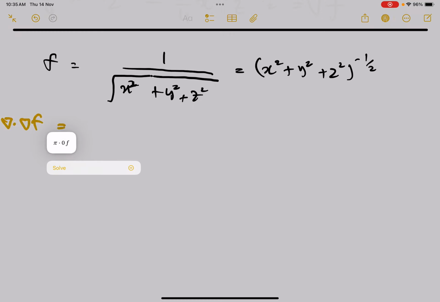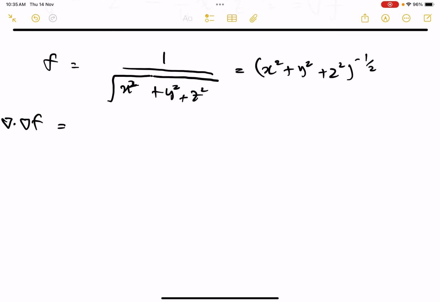So the first part is negative half, and so on.